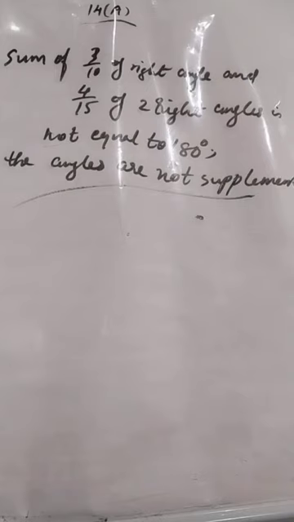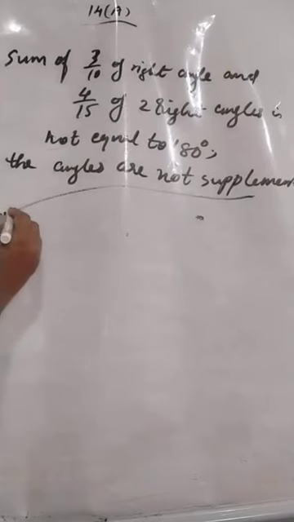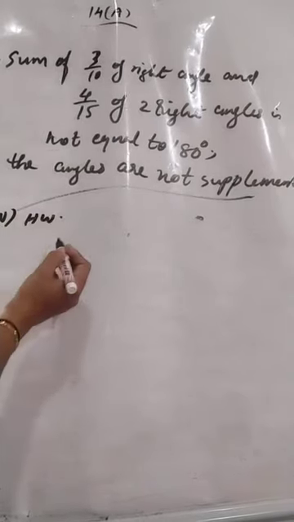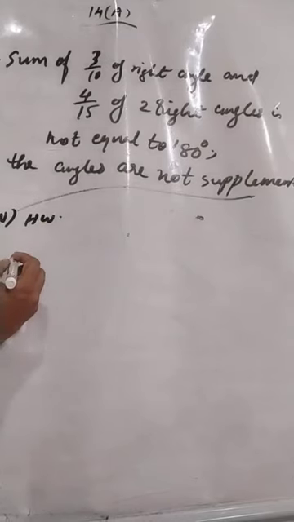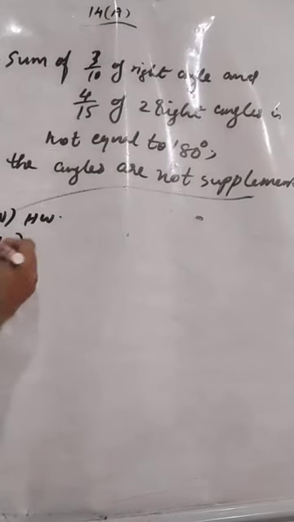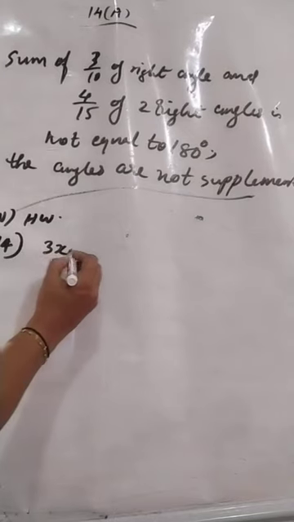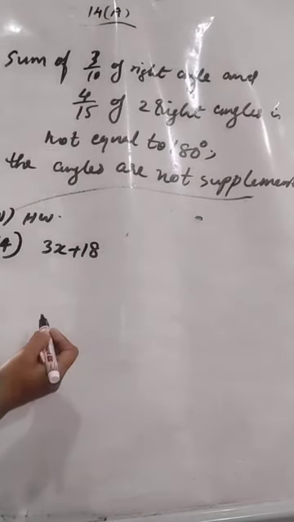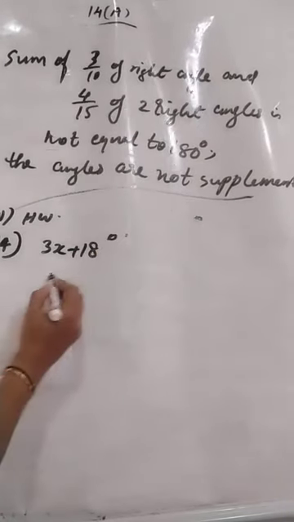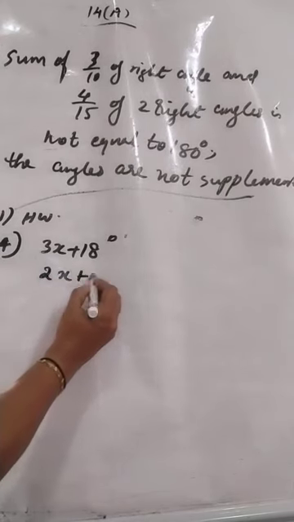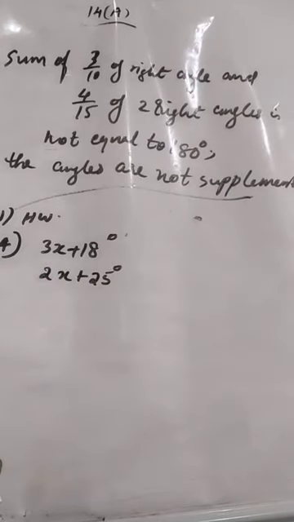Now the next question, fourth one is homework. Question number 14. If 3x plus 18 degree and 2x plus 25 degree are supplementary, find the value of x. So, the two given angles are supplementary.